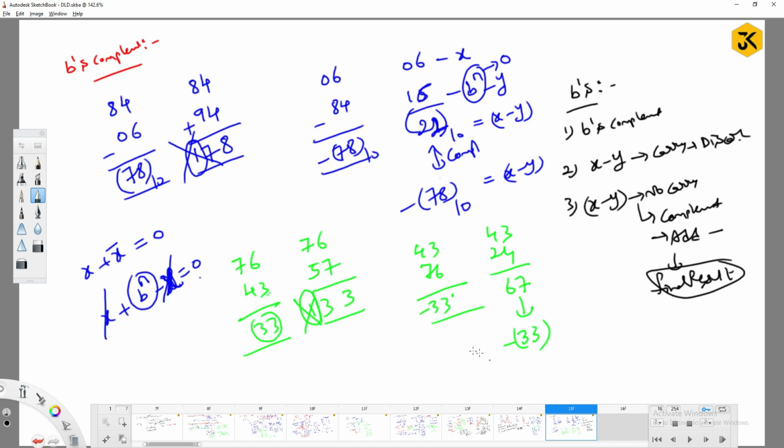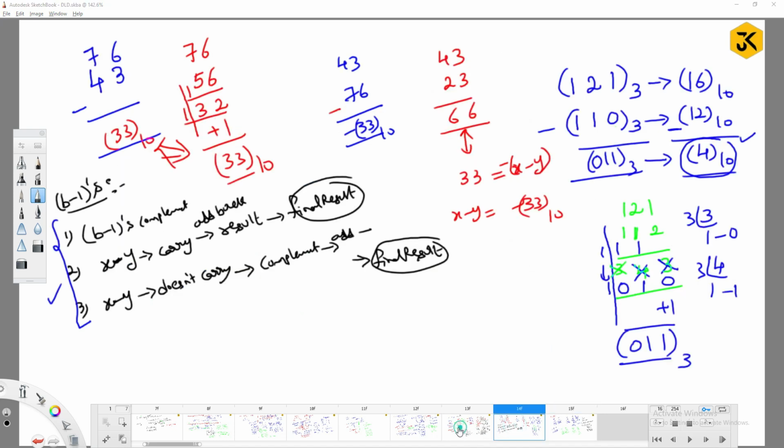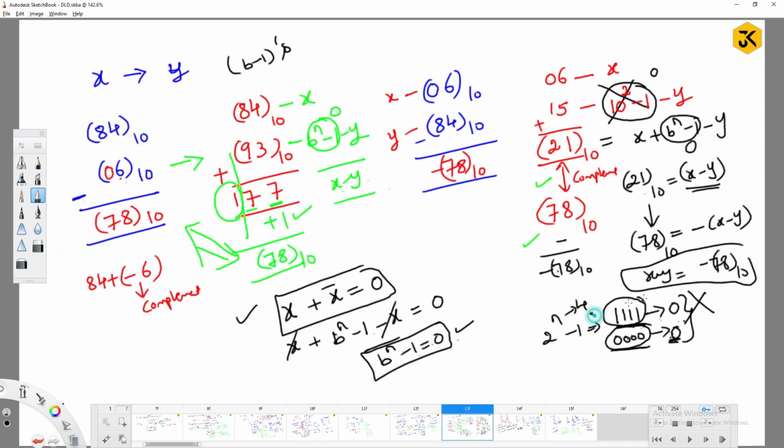So finally, I can conclude that any kind of negative numbers are stored in the form of complements. You can store them in the b minus 1's complement or in the b's complement. If they are stored in the b minus 1's complement, what is the problem? Observe here.